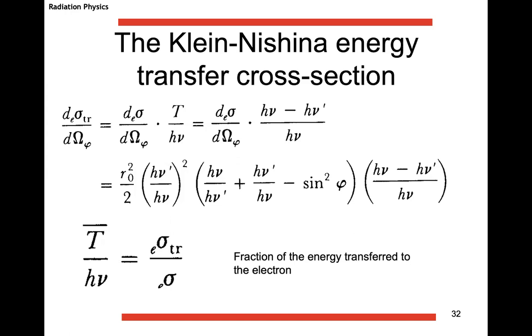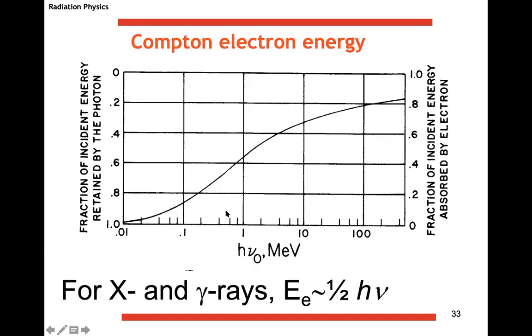What is interesting is that you can calculate the fraction of the energy transferred to the electron, because this is essentially the ratio of this cross section to the cross section for the transmission of the electron and those for the photon. So that's the fraction of the energy transferred to the electron in the process.